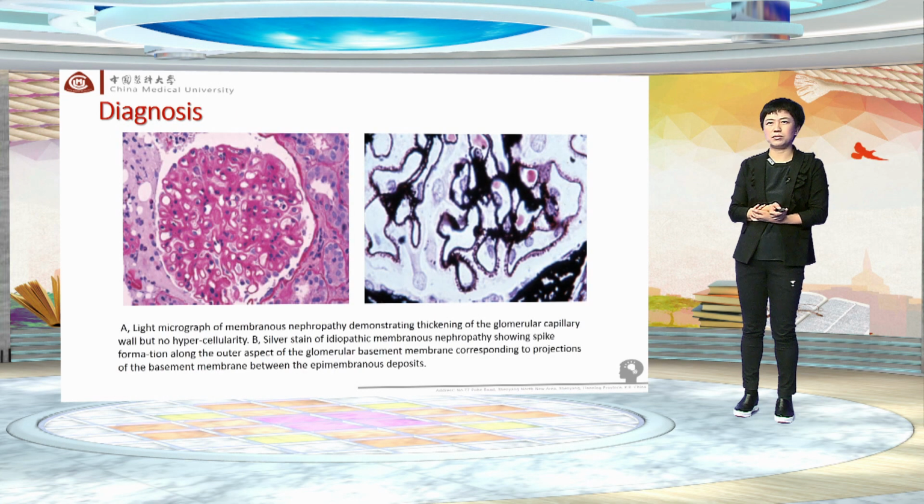On light microscopy, the glomerular capillary loops often appear rigid or thickened, but there is no cellular proliferation. Silver stain of idiopathic membranous nephropathy shows spike formation along the outer aspect of the glomerular basement membrane, corresponding to projections of the basement membrane between the epimembranous deposits.